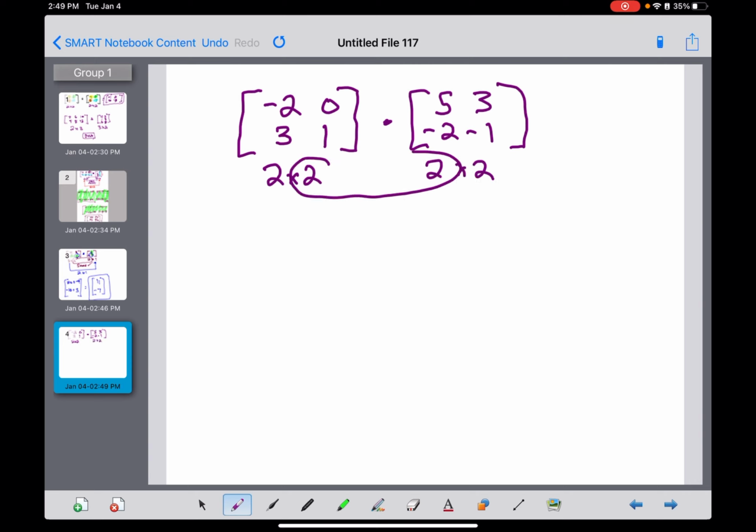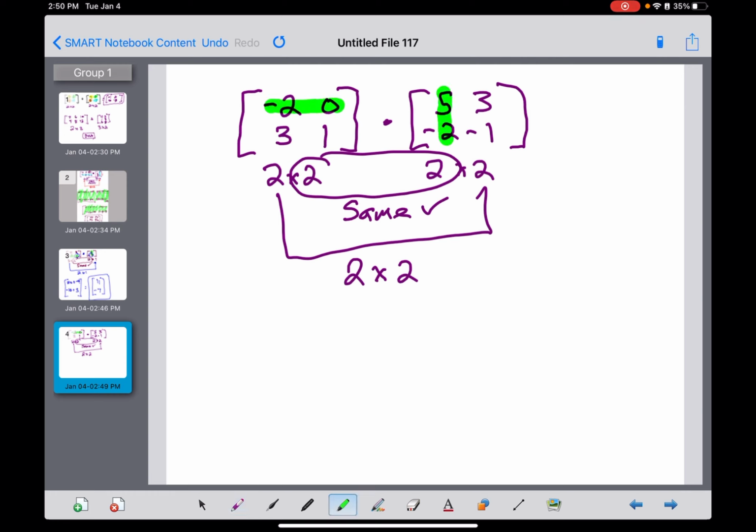So can we do it? These are the same. So yes, the resulting matrix is 2 by 2. 2 rows, 2 columns. Highlight the first row and the first column. Or circle them. Do whatever you have to do.